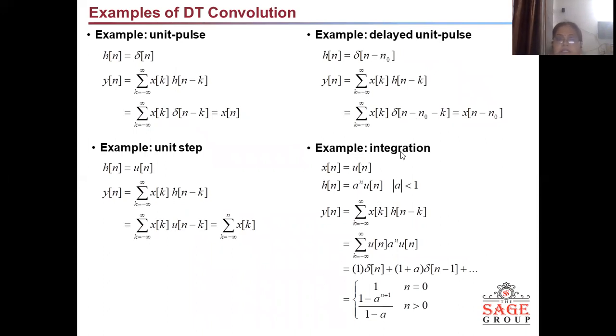Now in this example, x[n] is u[n] and h[n] is a to the power n u[n], and the modulus of a is less than 1. So here we have multiplied the exponential pulse with the unit step function, and we have performed the mathematical convolution of the two signals.